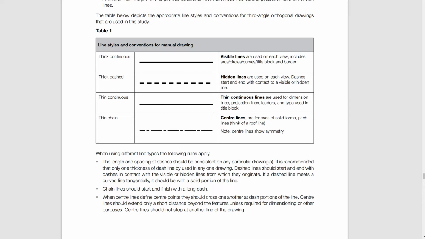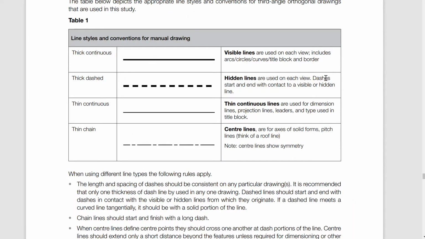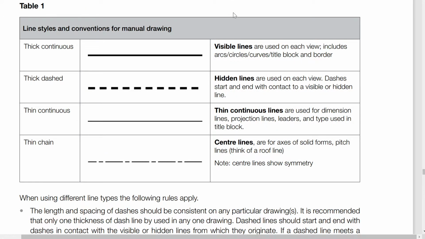is there are different line types that need to be used when we're drawing these drawings. Probably the best way to look at this is with an actual example, but we have thick lines, which we draw by default. If we're drawing hidden detail, we draw thin dash lines. If we're drawing dimension lines, they should be thin lines.